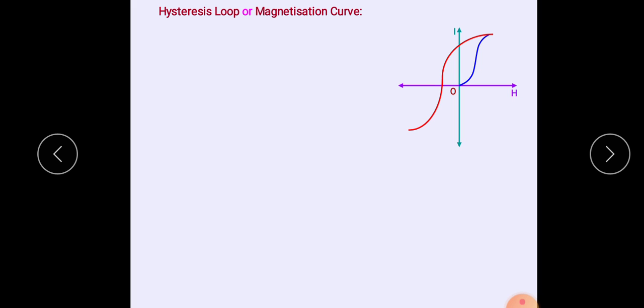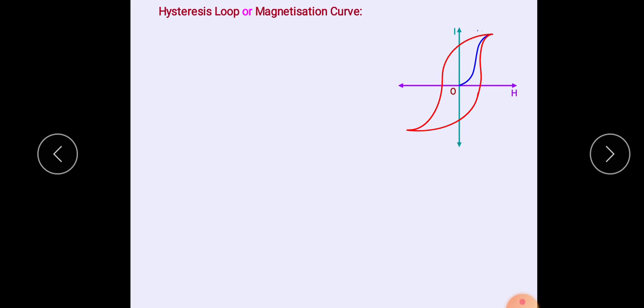To make it 0, the magnetizing field should be reversed, and at this point the magnetization is 0 and the magnetizing field has some negative value. And if we increase the magnetizing field in the reverse direction, the magnetization increases in the opposite direction.